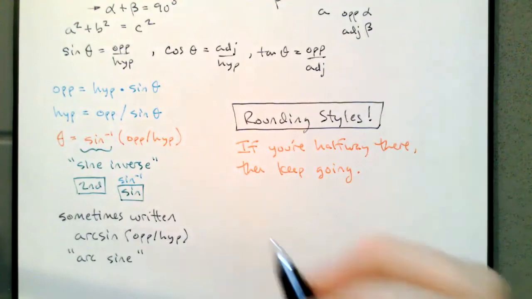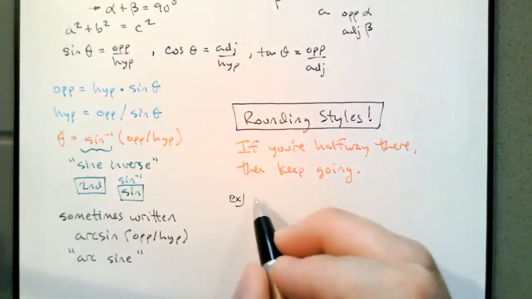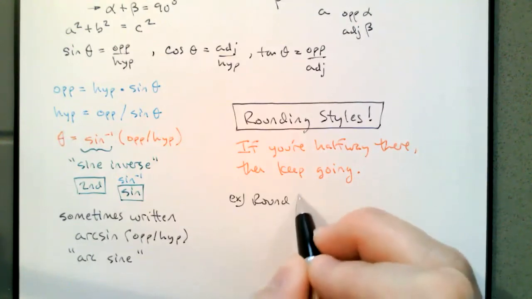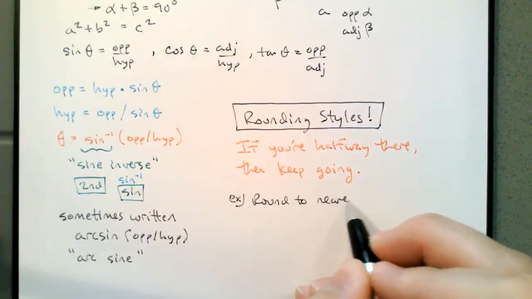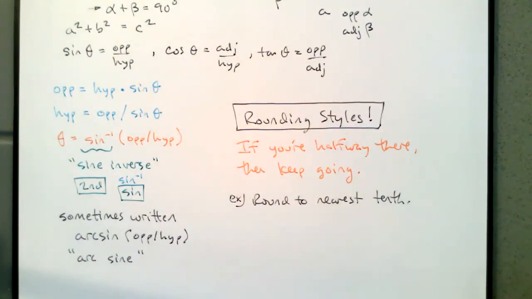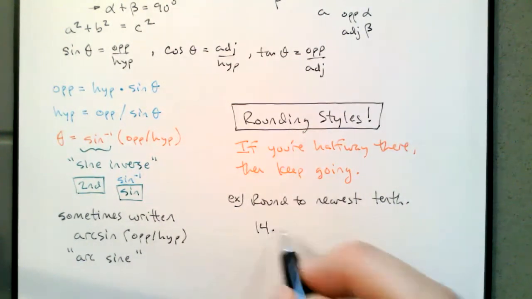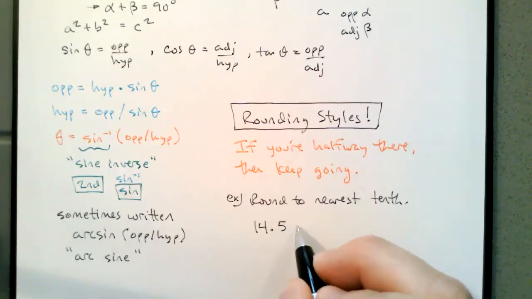So if we want to round to the nearest tenth, that's one place after the decimal point. Let's say I've got 14.58.